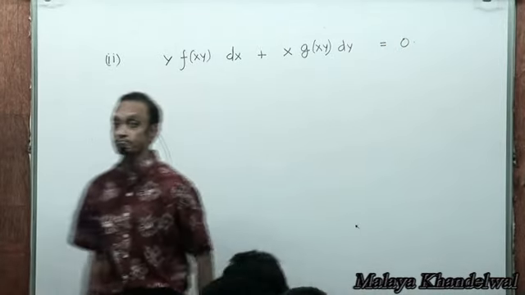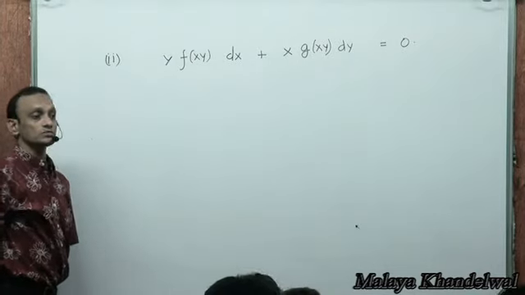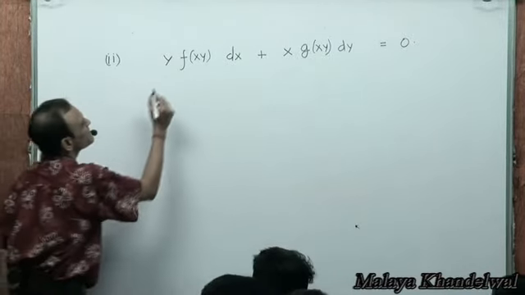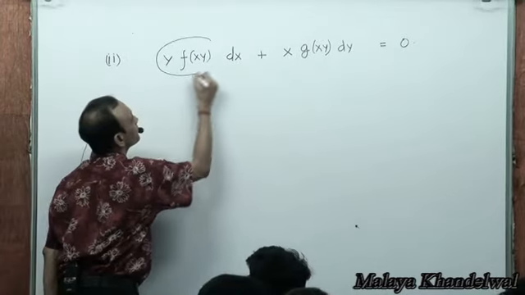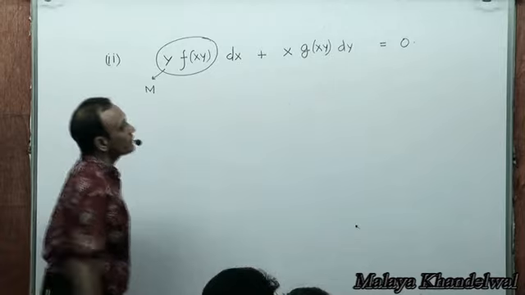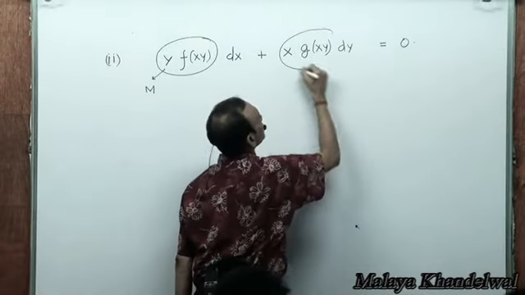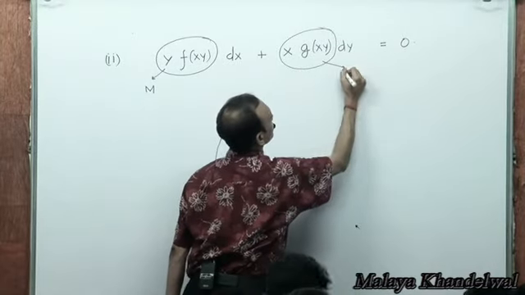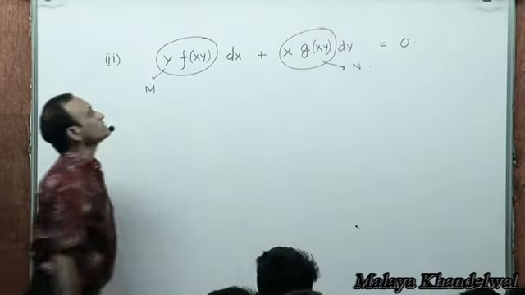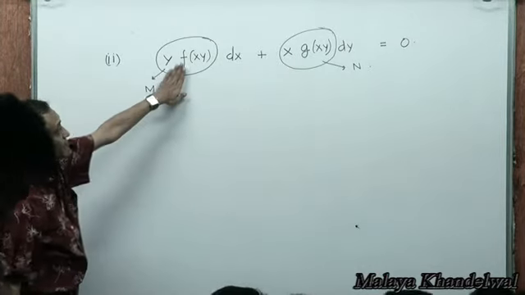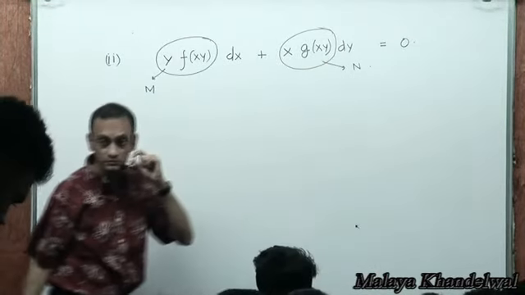This is yet another very commonly occurring form, where this is my M, and this is my N. So I have M dx plus N dy equal to 0.